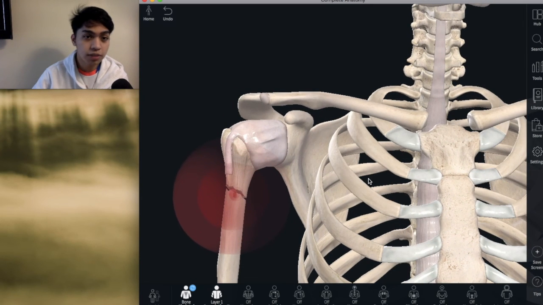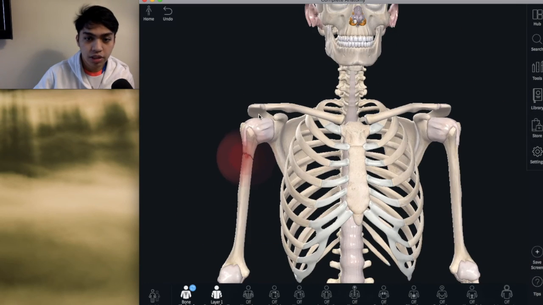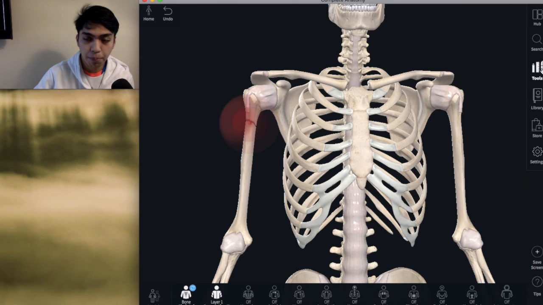I won't expound much on that because it has already been discussed naman. But let's focus on this region naman, the arm.